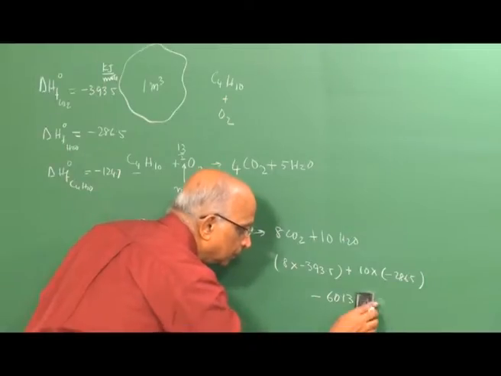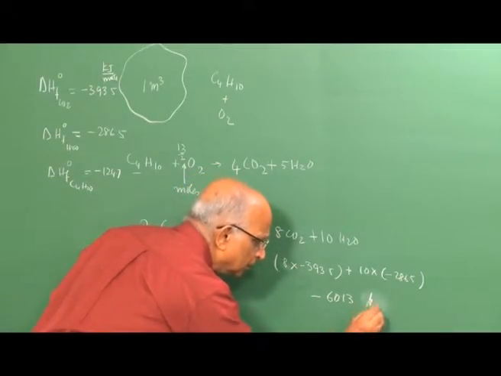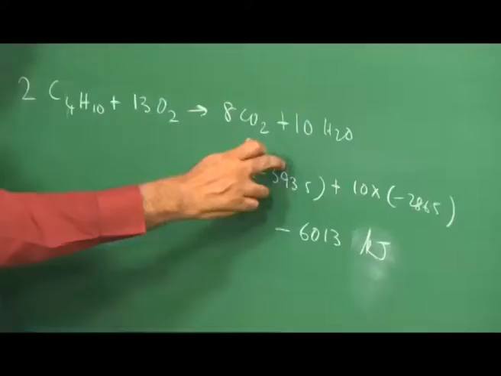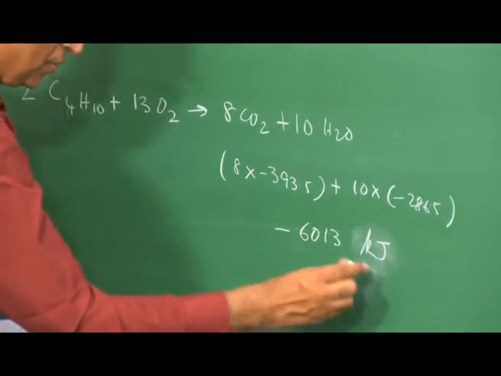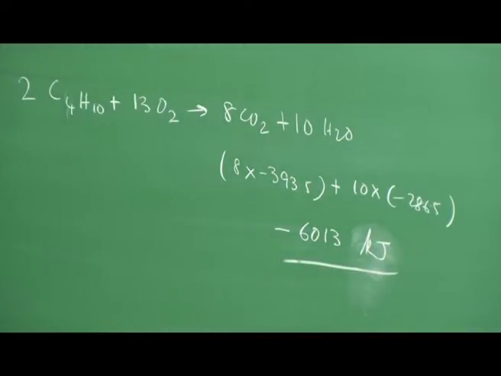Mind you, this is kilojoule per mole into 8 moles, and 286 kilojoule per mole into 10 moles. This is the heat of formation of the products.